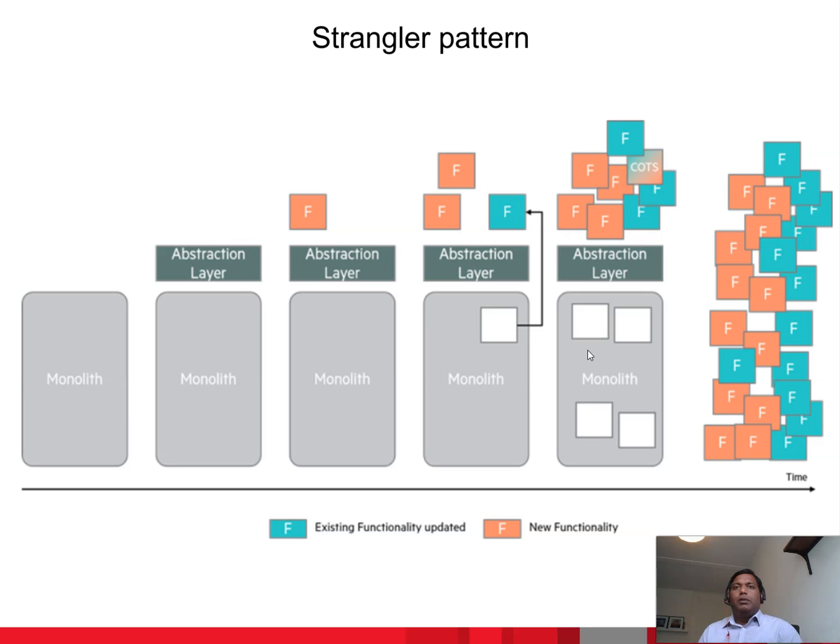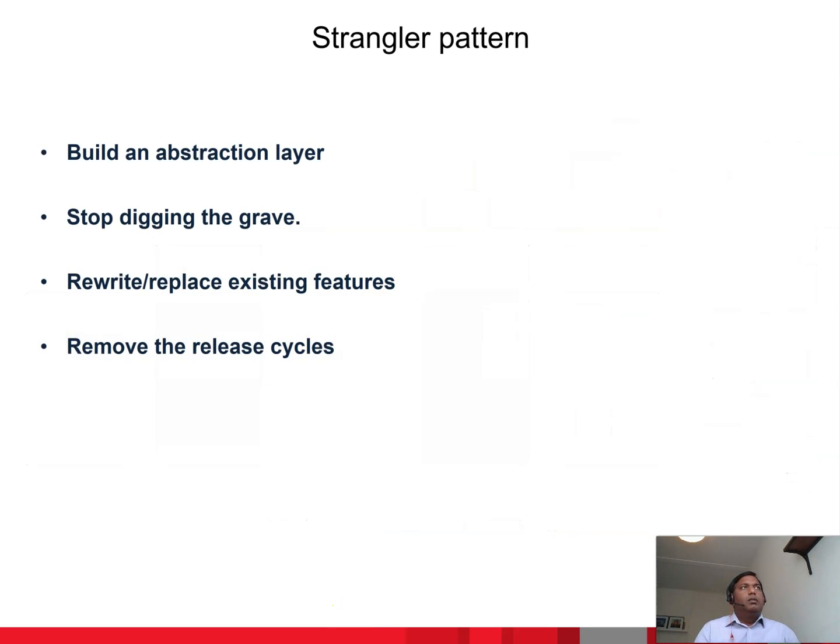But at one moment of time, everything will be in microservices. When we try to slice down, it's good to have an additional abstraction layer, which might be an API gateway, which enables us to reroute some of the existing functionality into the new modern architecture services or applications.